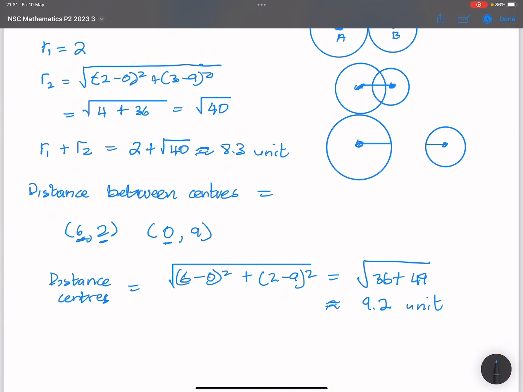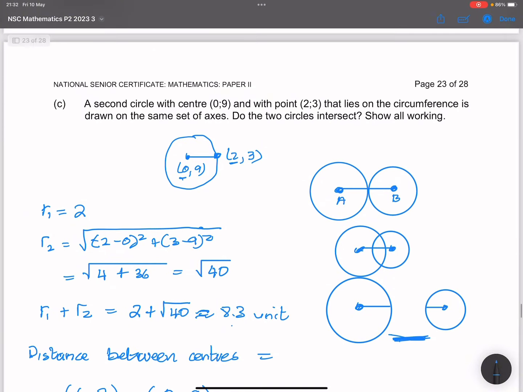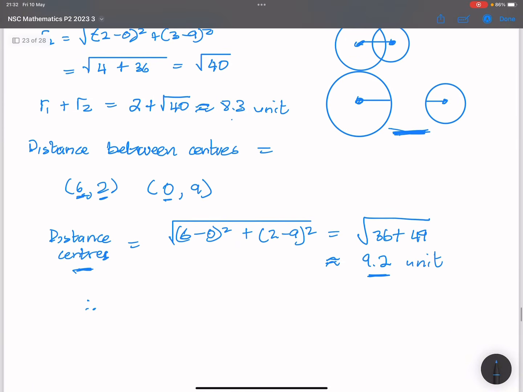Now remember, which scenario do we have here? We looked for the distance between their centers. It is 9.2, but the sum of their radii is 8.3. So this is the situation that the distance between their centers is greater than the sum of their radii. So therefore, as per the question, do the circles intersect? The answer is the circles will not intersect.